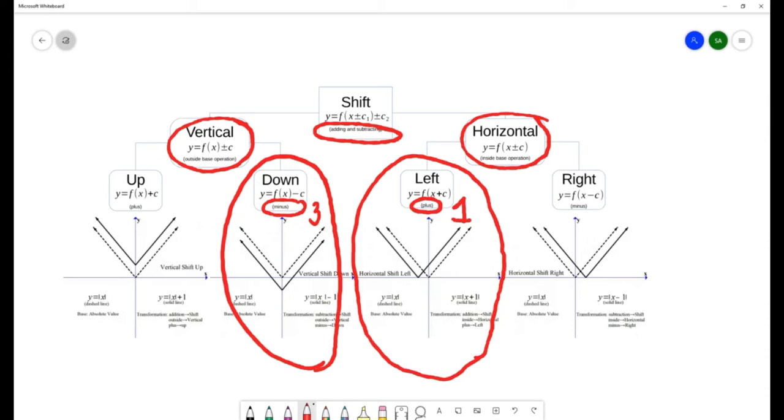So that down 3, that subtraction is going to be on the outside because it's a vertical, and plus 1 is going to be on the inside of the absolute value because this is a horizontal shift. So let's go back to our problem, go back to our picture.